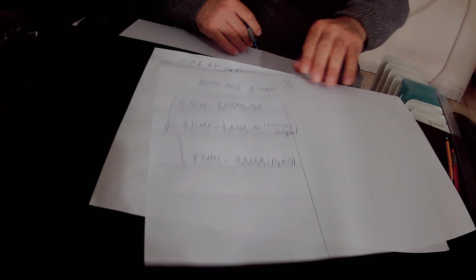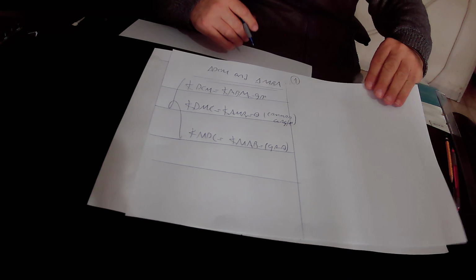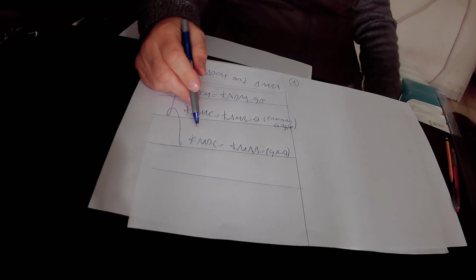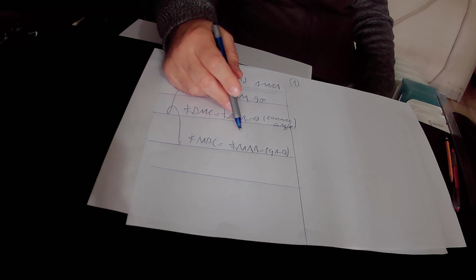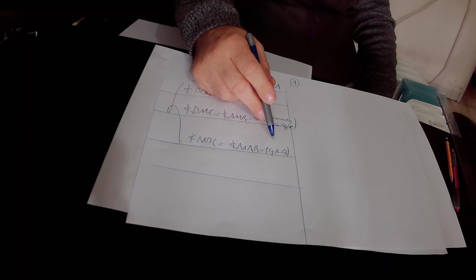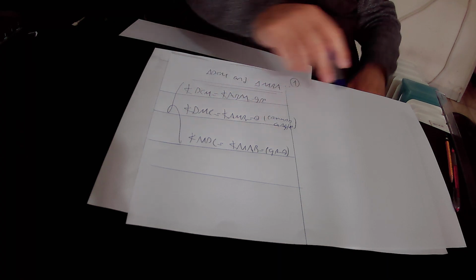Repeat again. Angle MDC in the right big triangle DCM is equal to angle MAB in the right small triangle MBA. They are both equal to 90 degrees minus theta, therefore they are equal to each other.